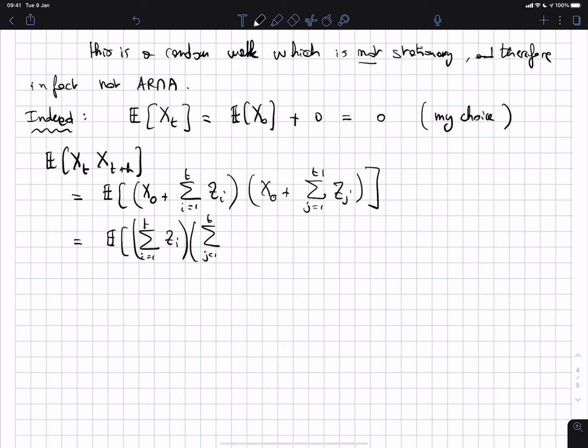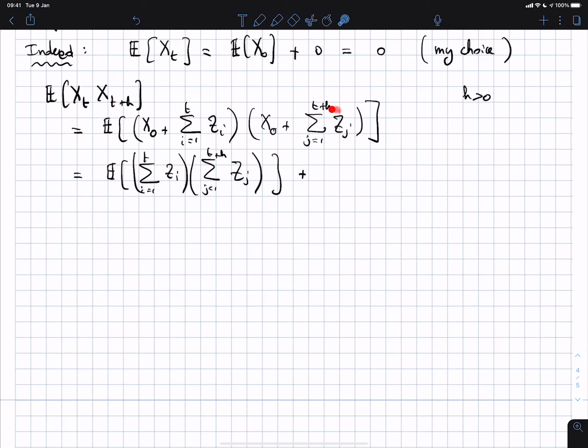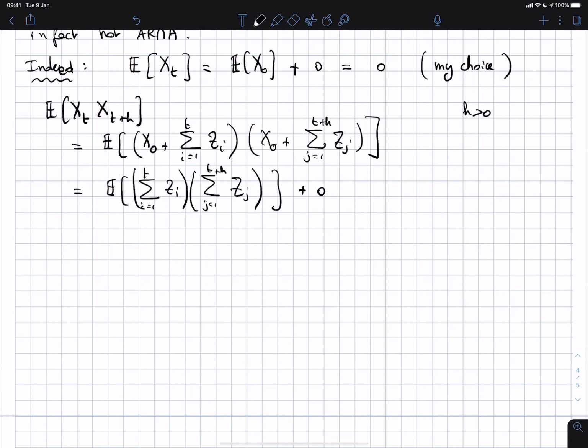It's not t, it's t plus h. Let's say h is larger than 0. And then I'm left with this multiplied by this and this multiplied by this, but because we suppose that xt only depends on the past only and the zt's are uncorrelated, x0 is uncorrelated with this guy, so that we're left with 0, and then we're left with the expectation of x0 squared.